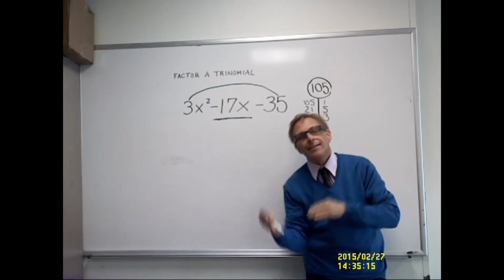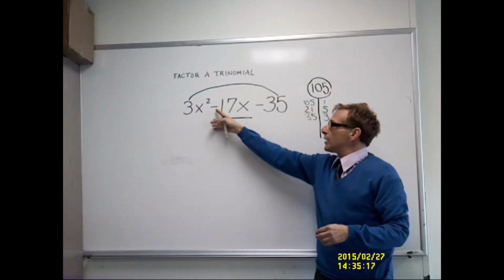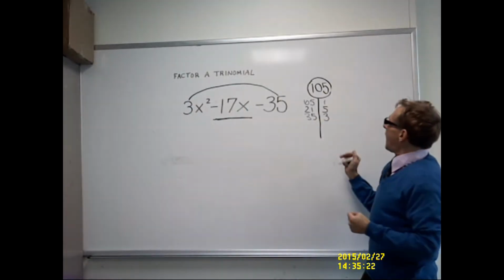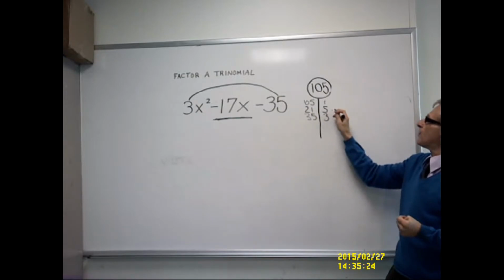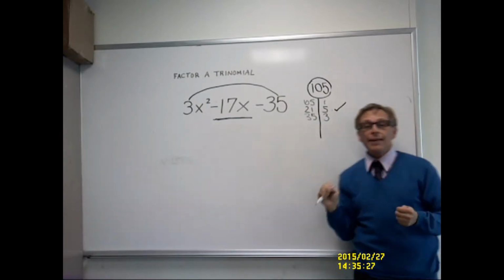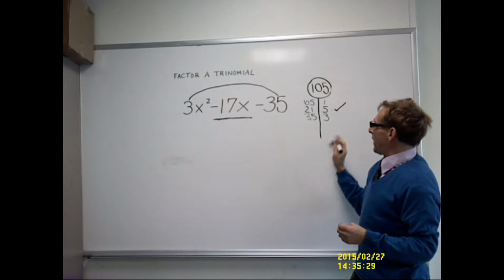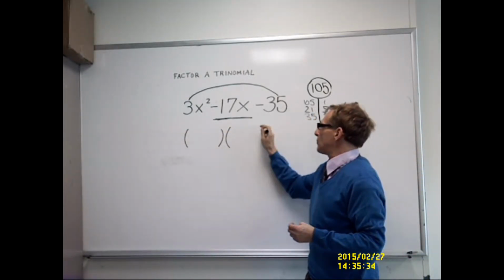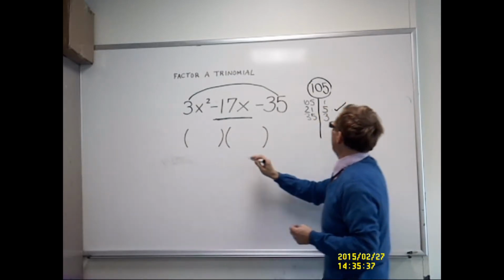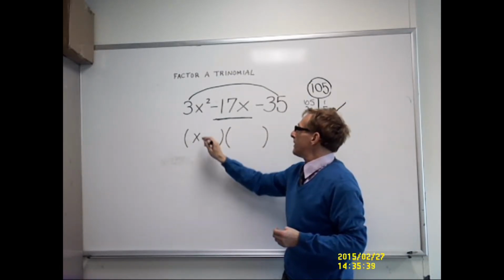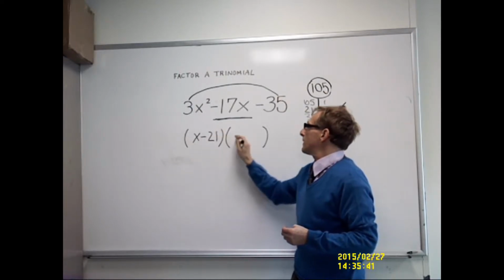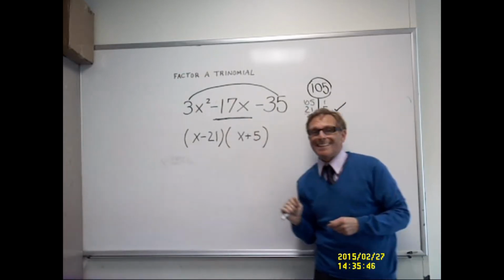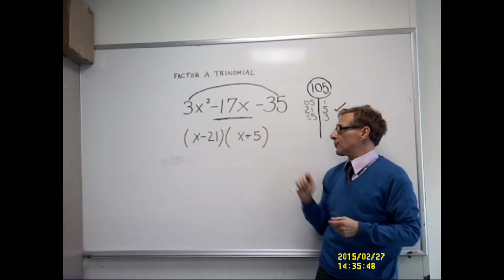We're combining a positive and a negative. And we know that the negative is higher because the 17 is negative. And here we have it, 21 and 5, when I subtract, would give me 17, where the 21 would be the higher of the two numbers. So I have x minus 21 and x plus 5, which gives me negative 17 when I combine those two.